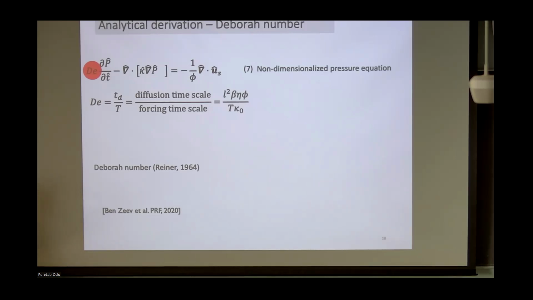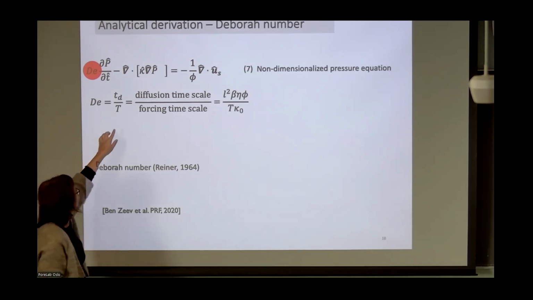It is based on the prophet Deborah from the Old Testament, who said in her prophecy that the mountains will flow before the Lord. That's her prophecy for the future. And it just means that the Lord has a long time scale to view the mountains. And this is the forcing time scale.